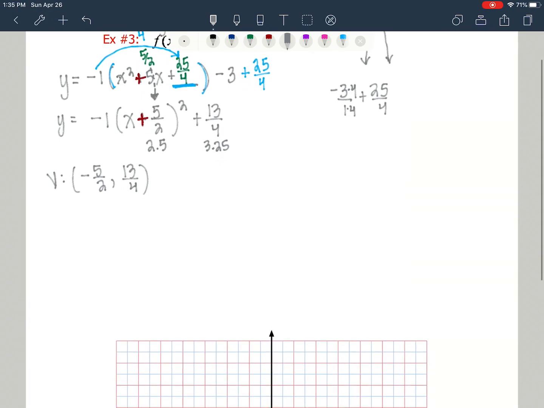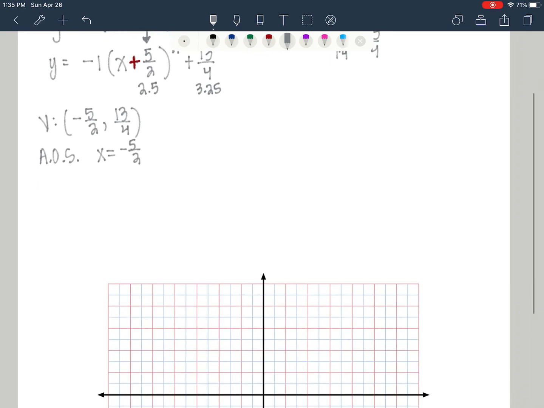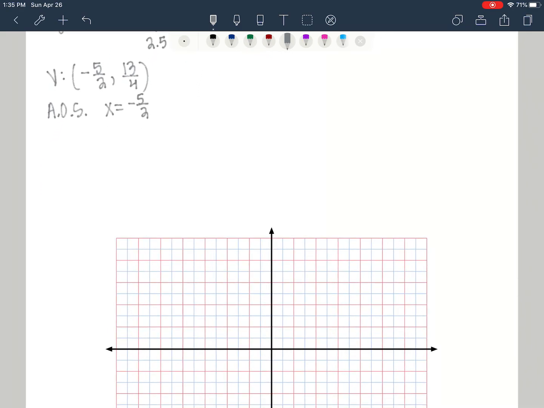And when I plot the y value of the vertex, I know I'm going to go up 3.25. The axis of symmetry is x equals -5/2. I'm going to plot those two values right now. So I'm going to go left 2.5 and then up 3.25. So there's our vertex right there.